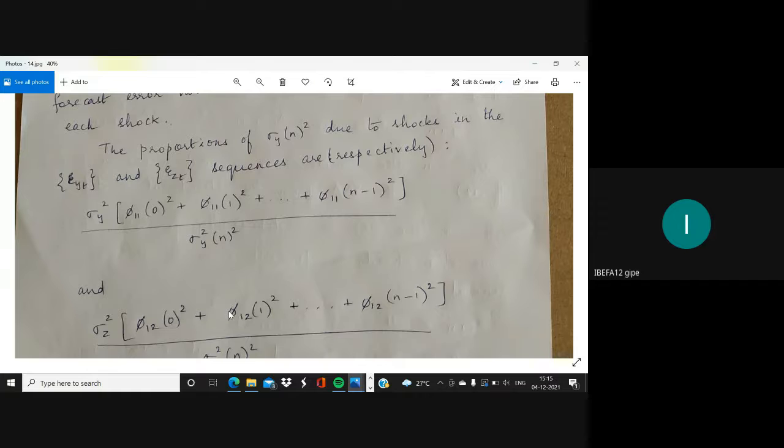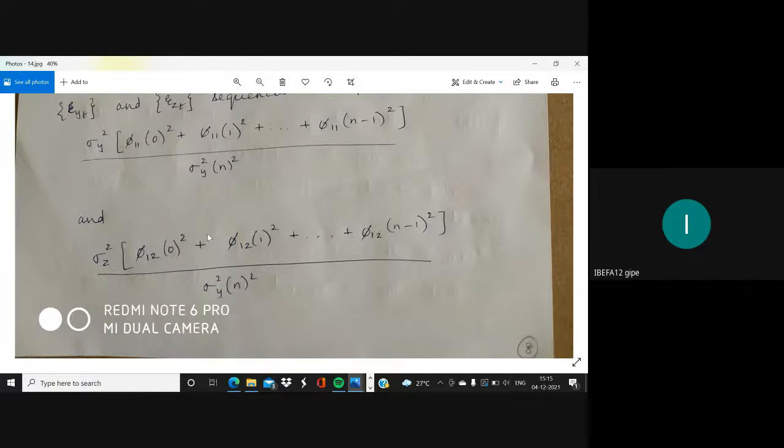So how does a particular shock contribute to the forecast error variance several periods ahead? That is what you are finding out through this sort of decomposition of the forecast error variance. Any doubts or questions?